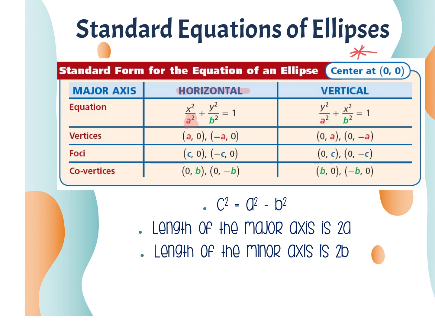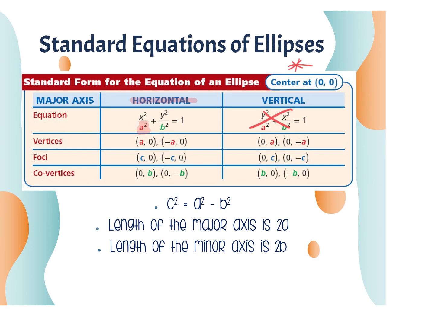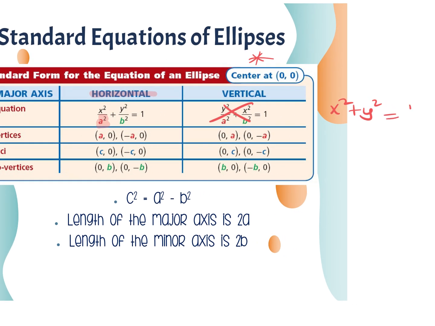We're going to keep our X squared and Y squared in the same spot. What I'm going to move is A and B. So when A squared is under Y squared, then we know that it's going to be vertical. It's along the y-axis.